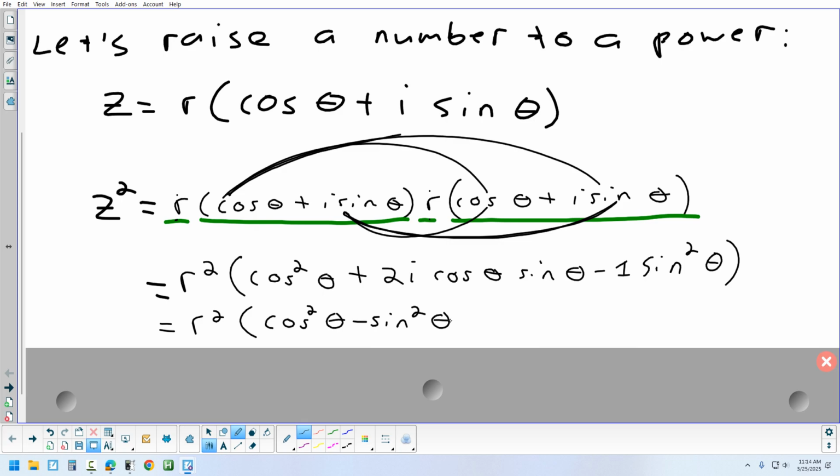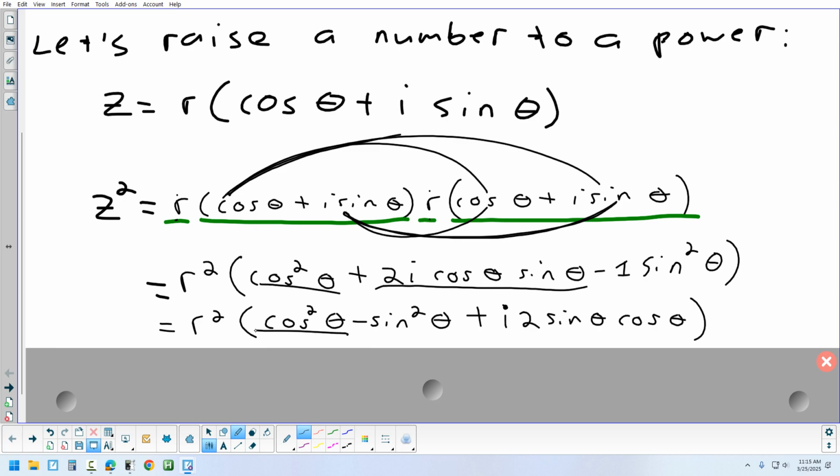Cosine 2 theta. Yep, so we'll write that in a second. Plus, I'm going to put the i just in front of everything for this middle part, and I'm going to write this as 2 sine cosine.